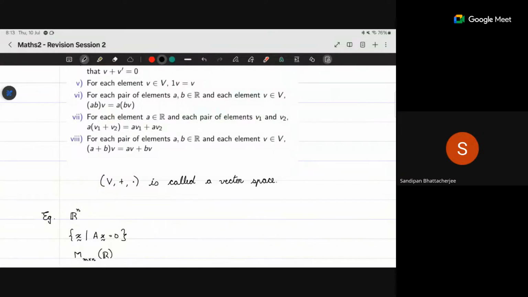7 is equivalent to the same statement, that c times v is not equal to cv here. It's not equivalent, no? So you're saying 7 is equivalent to 5?